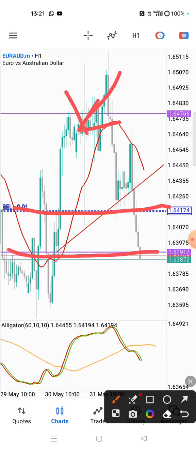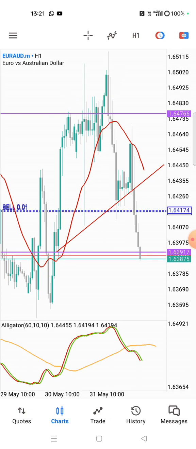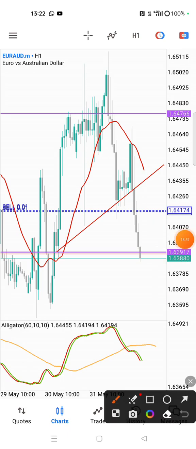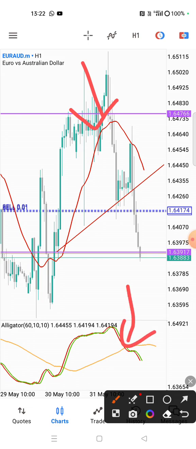This second purple line is my first take profit, which I have already achieved. Okay guys, I've already achieved my first TP. What I mean by this one is already crossed. This one also already crossed this morning, but then I haven't taken the trade. Why? Here's the reason why.